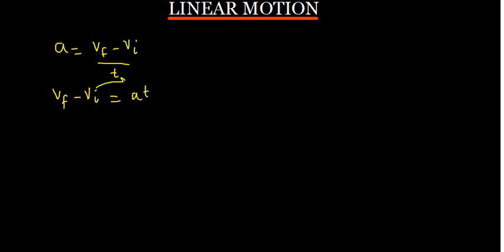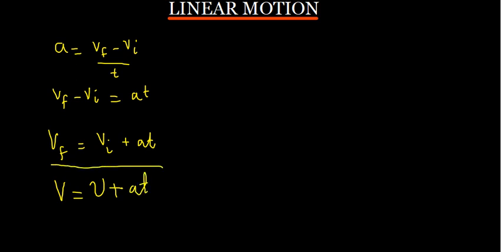I'll take the initial velocity this side. Then the final velocity is going to be equal to initial velocity plus acceleration times time. I'll basically write it as v is equal to u plus at. So this we need to know.